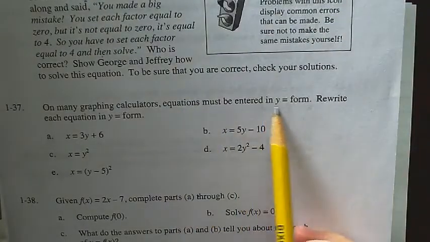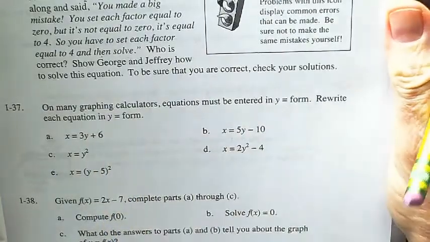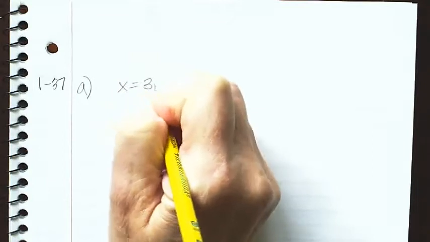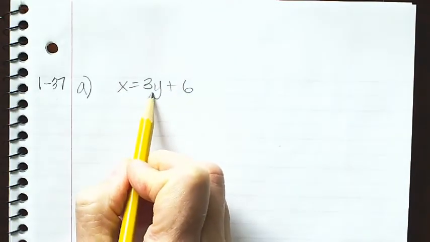Okay, for 137, on many graphing calculators, equations must be entered in the y equals form. Rewrite each equation in y equals form. Okay, so we're just getting y by itself. Let's isolate y.